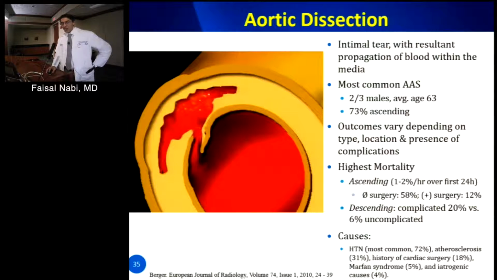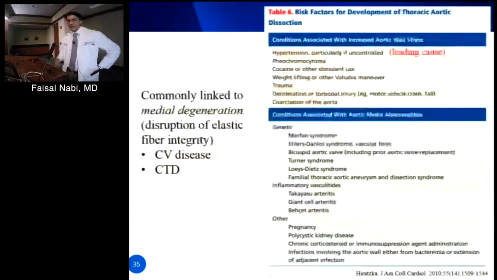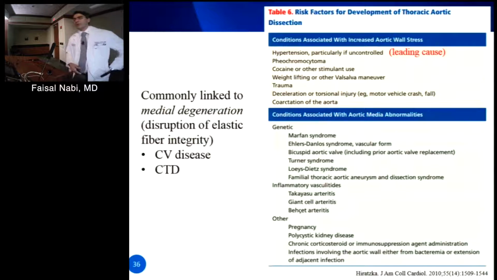Most common causes are hypertension. There are tables of most common causes of aortic dissection, or you can really use the same table for any of the acute aortic syndromes, and it's very much linked to medial degeneration. This tends to occur most commonly in patients with cardiovascular disease, so patients who have hypertension, or those who have connective tissue diseases, as we had mentioned.